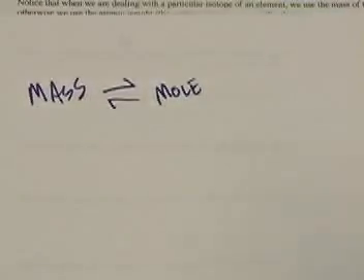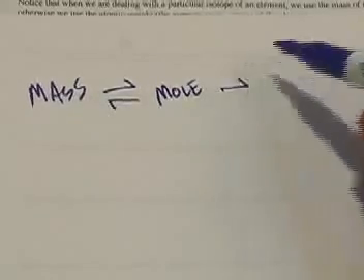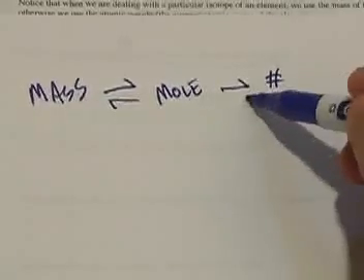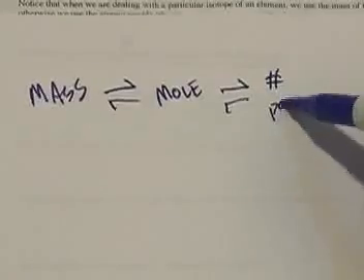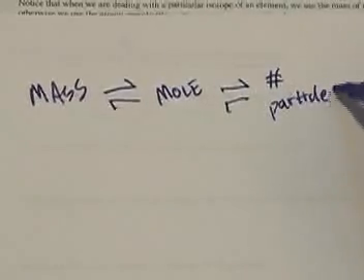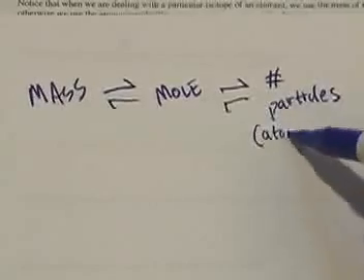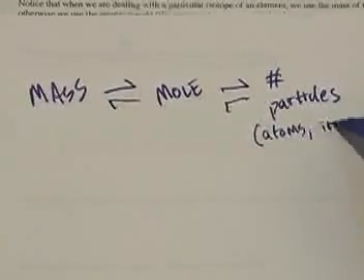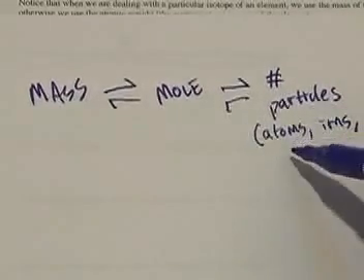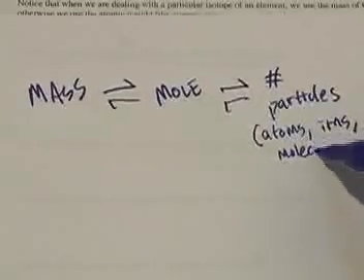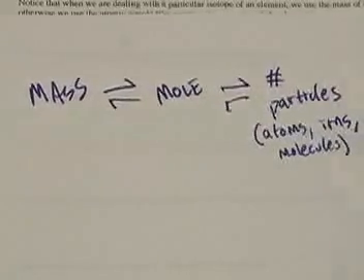Remember, the mole is a counting unit, 6.02 times 10 to the 23rd things, and the number of particles, which in chemistry class are almost always things like atoms or ions or molecules or formula units.